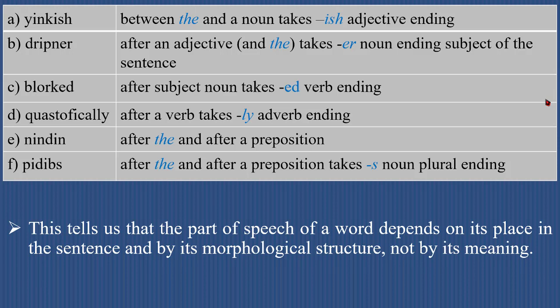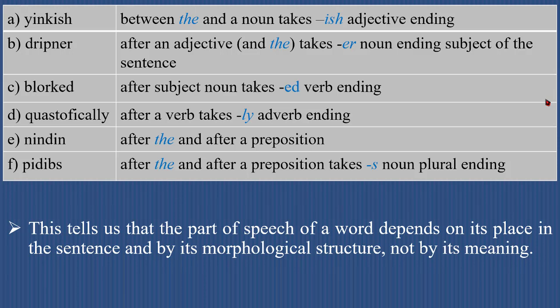Blarked, we have ed of the verb, in the past. So if you look at this word, you would say it's a verb, even though this word doesn't exist. The same with quotifically, ly of the adverb. Nindin, after the, is a noun. Pidiems also is a noun, after the preposition, and it takes s of the plural.